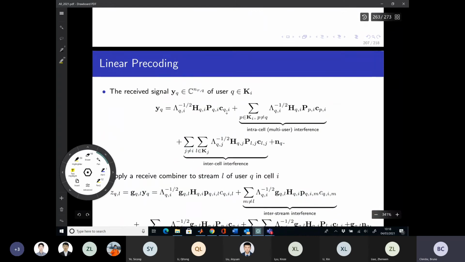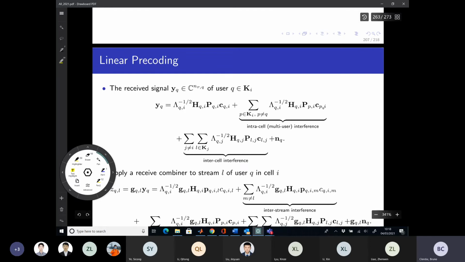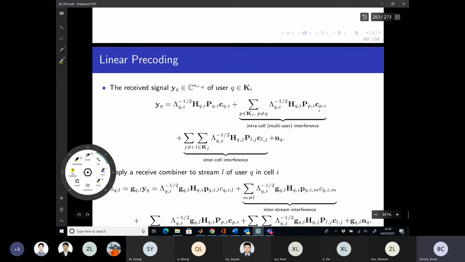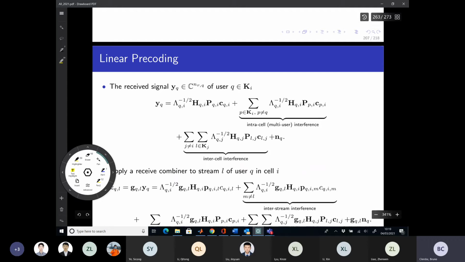Those are all the streams that I intended for user Q in cell I. This user Q in cell I will see interference from other streams that are transmitted in cell I. I'm still in cell I, transmitted from cell I, but those streams are intended for user P, different from user Q. So this is my intracell interference, right?